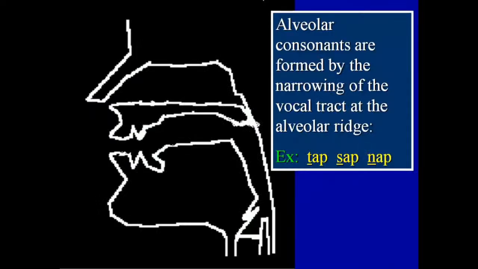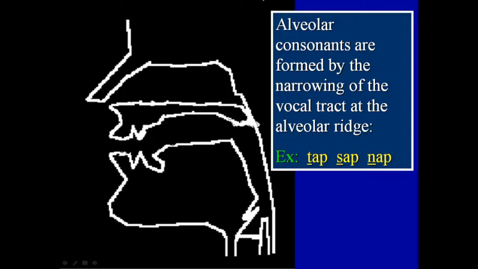Okay. Now, another place of articulation, alveolar consonants, are formed by the narrowing of the vocal tract at the alveolar ridge. T in tap, s in sap, n in nap. So it's the blade of the tongue which is raised towards the alveolar ridge. Just remember the different parts I introduced to you in our lecture. We have got the tip of the tongue.